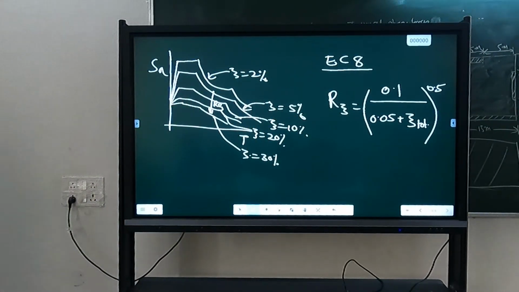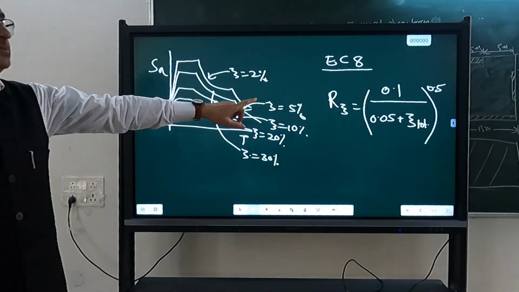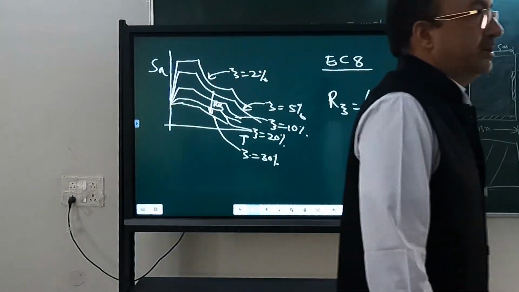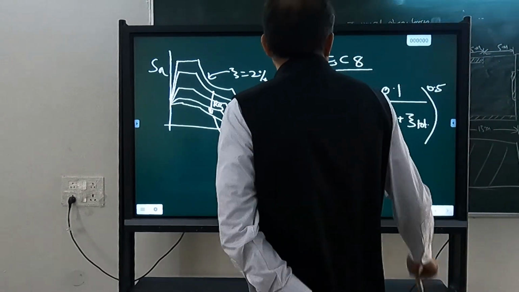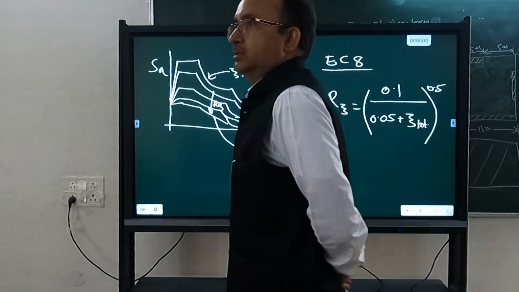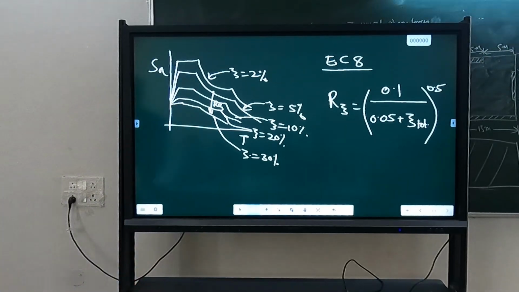Xi equivalent is to be put as a fraction, not a percentage. So for 20% damping, can you calculate R psi? Put xi total as 0.2; how much will be the reduction?